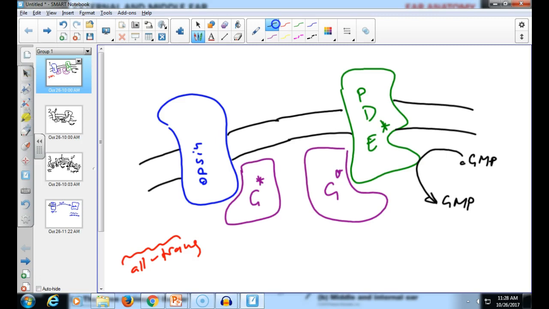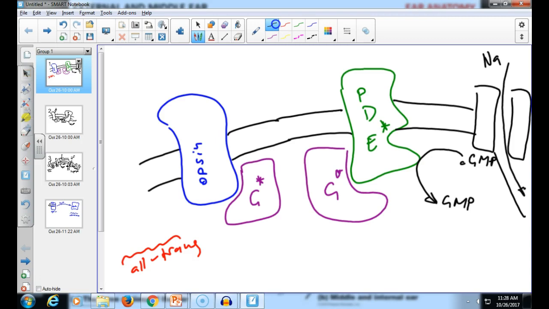Now, what's the function of cyclic GMP? And what flows through those channels? So when cGMP is destroyed, what happens to the channels?